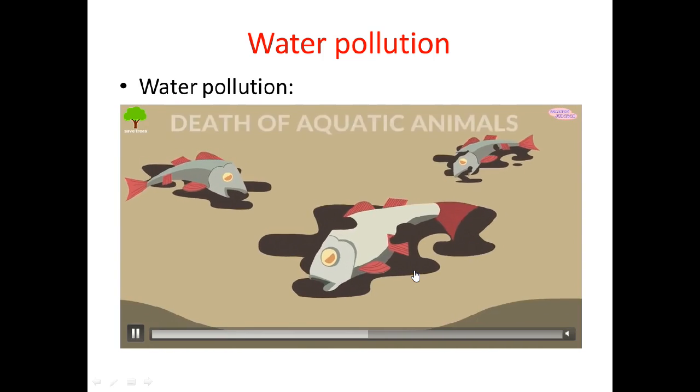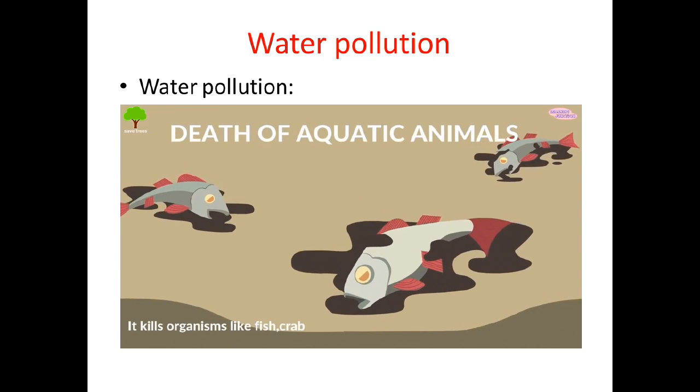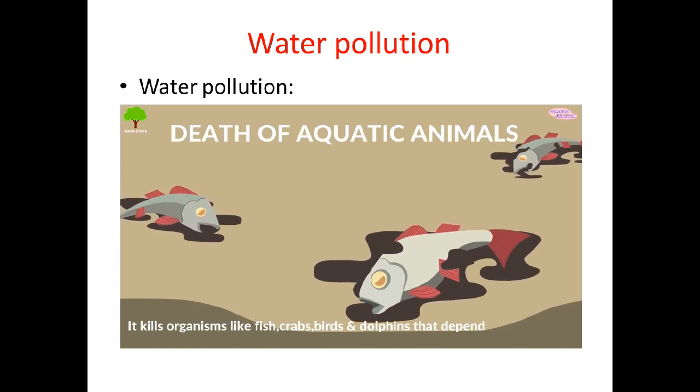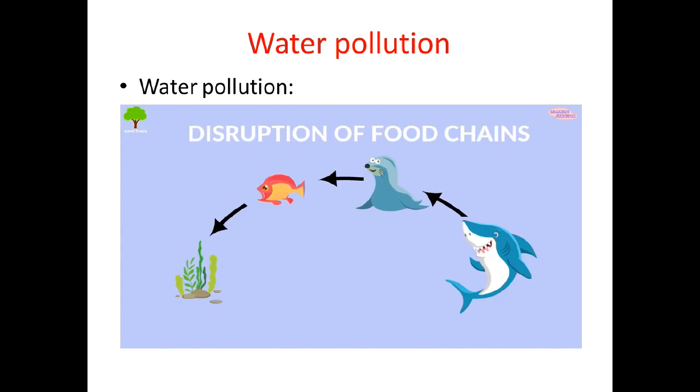Effects of water pollution: it causes deaths of many aquatic animals. Also, the concentration of many metals in water causes many diseases which harm our brain and many different body organs.